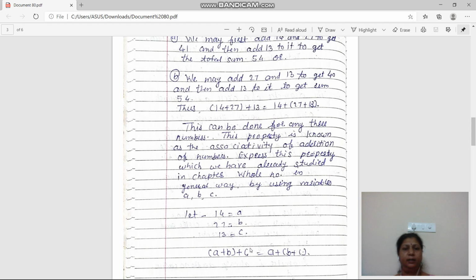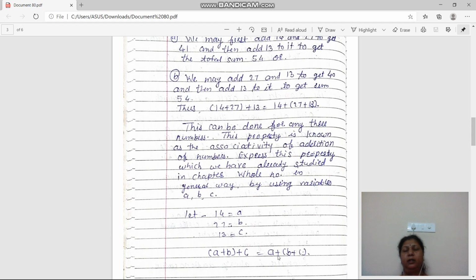Let 14 be a, 27 be b and 13 be c. First we add 14 plus 27, a plus b, and first we have to take the bracket, which represents that we have to do this one first, then we have to add c.